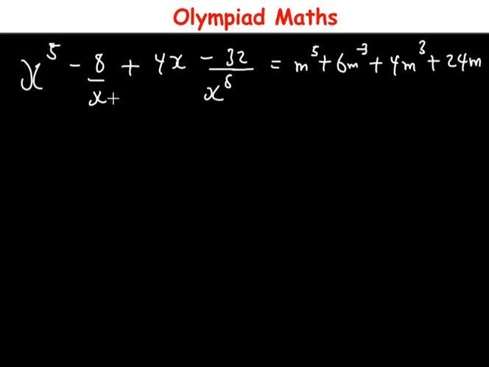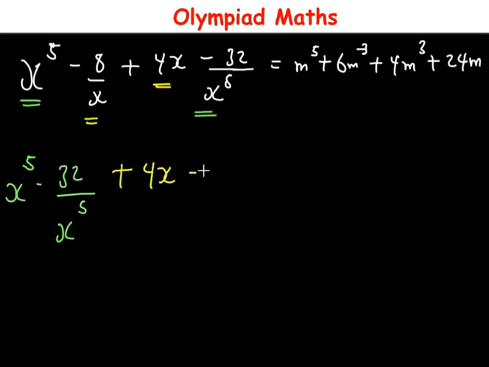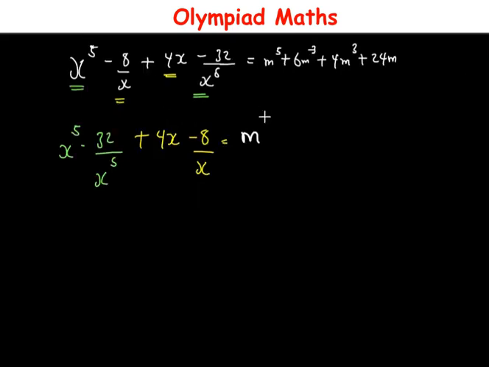24m. So with this, we're going to bring this and this together. We have x raised to power 5, then minus 32 over x⁵. And also, we are going to write this down, plus 4x, then write this down, minus 8 over x, and this equals, we have m⁵, then plus 6m³ plus 4m³ is simply plus 10m³, then plus 24m.